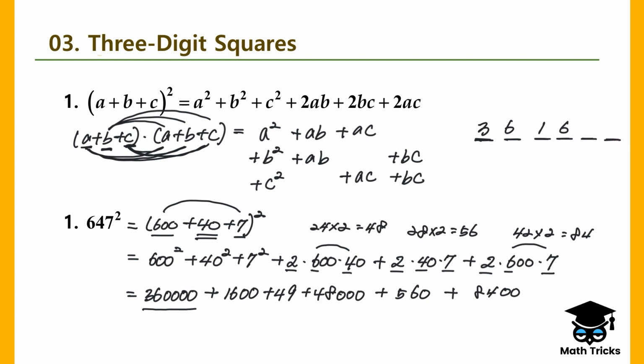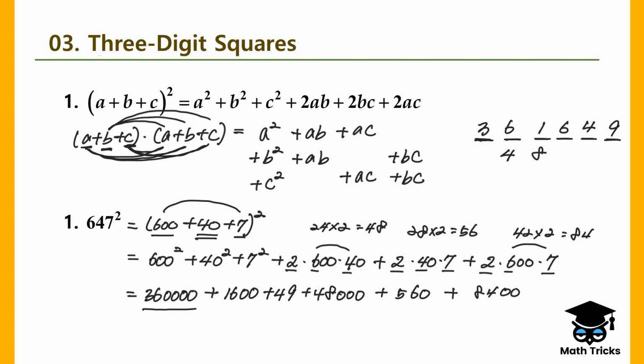1600. And we have 49 here. So 49 goes right here. Okay, and next number, 48 with the 3 zeros. So 48 has to go in this position, right?